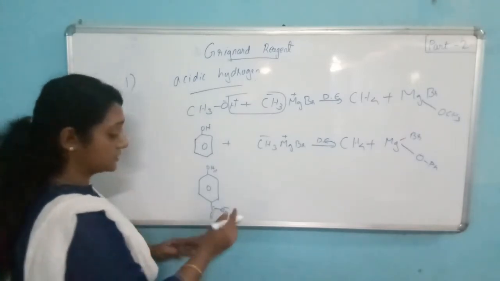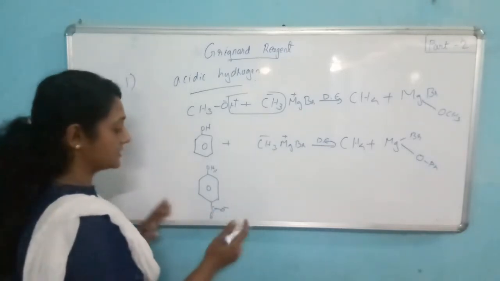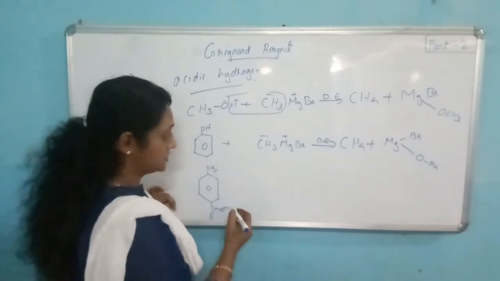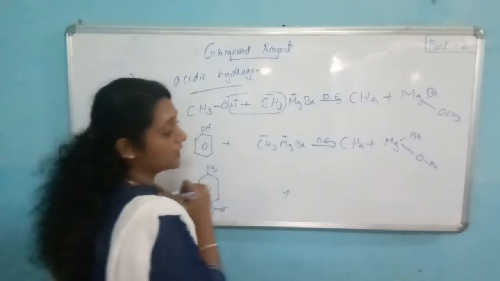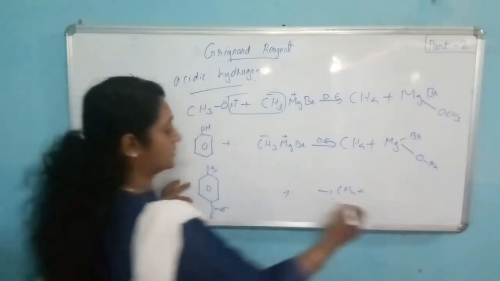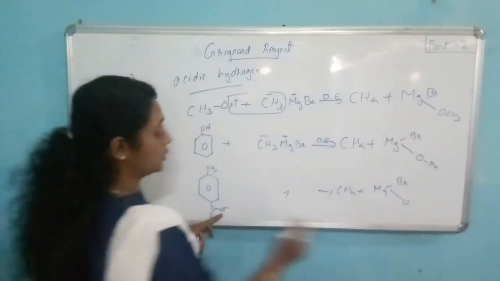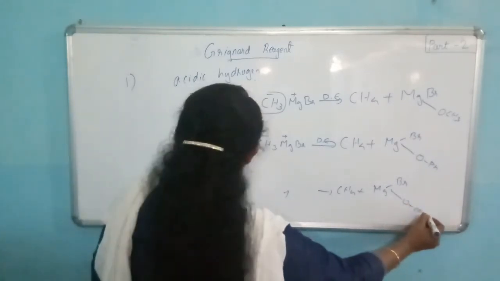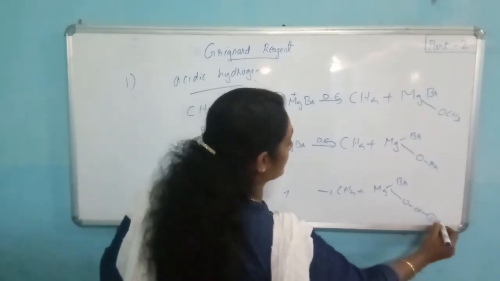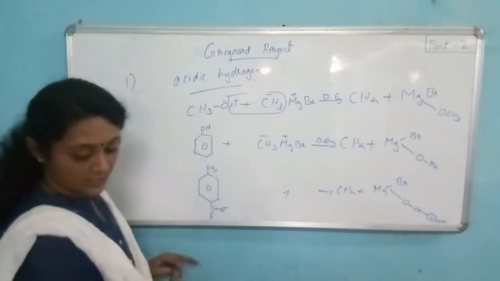Therefore, the carboxylic acid hydrogen is more acidic than the alcoholic hydrogen. The hydrogen is easily accepted by the same Grignard reagent, and we get CH4 plus the remaining product MgBr, O, CO, then benzene OH. This is PHBA, para hydroxy benzoic acid.